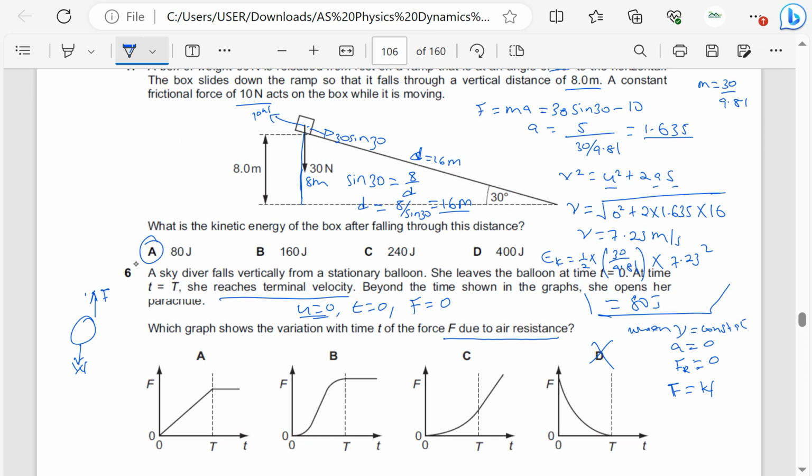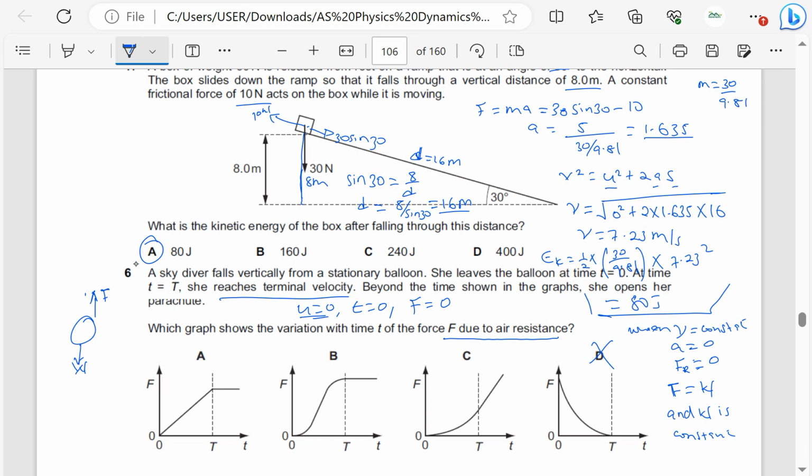And remember, the weight of a body is constant. So it means here, F will not depend on V. At capital T, F must be equal to the weight, and of course the weight will be constant.